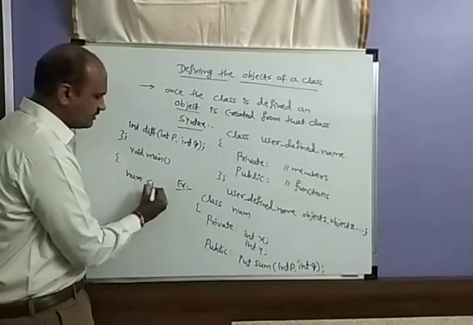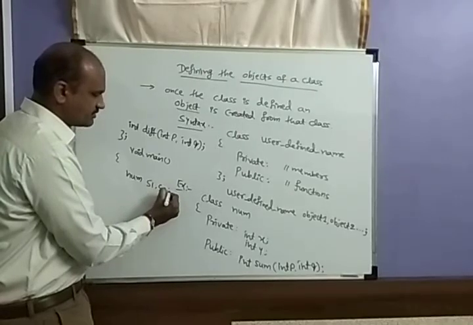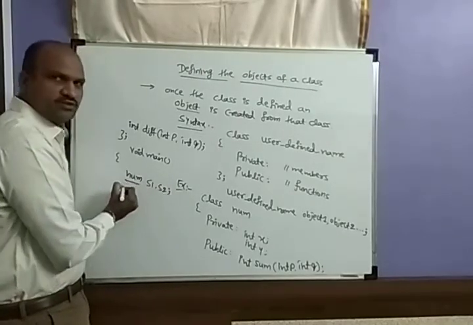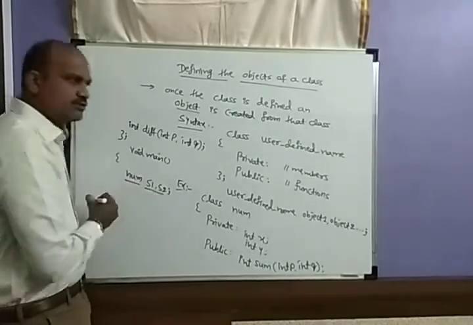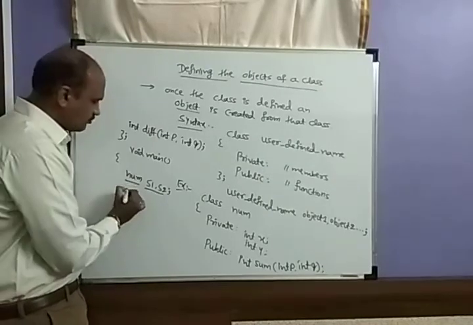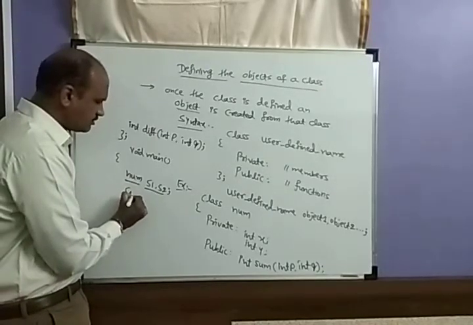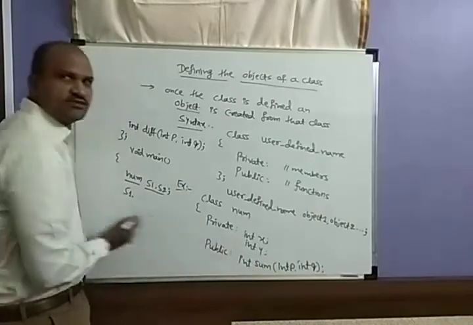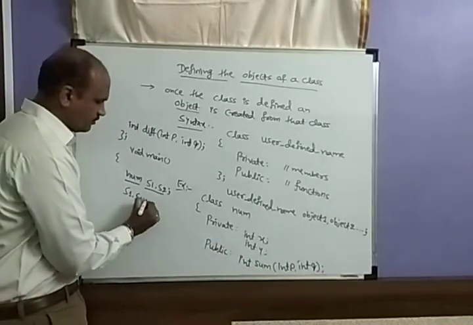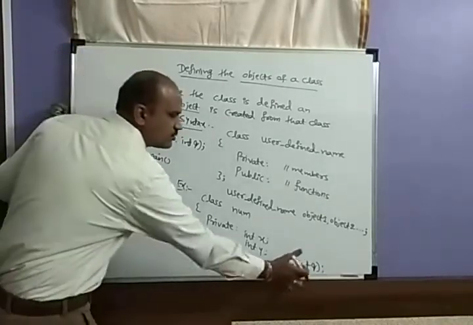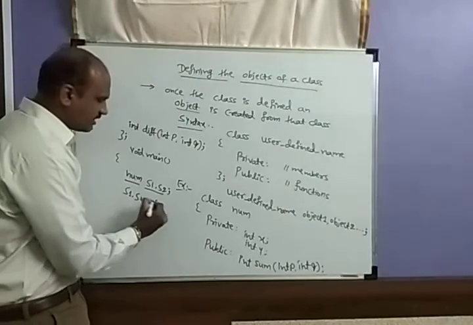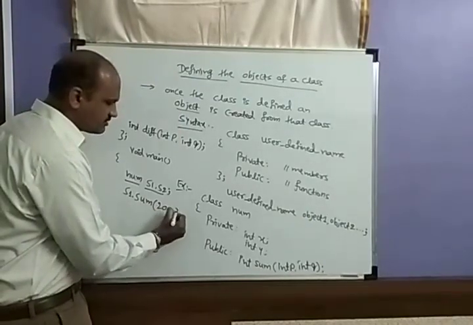So we create s1 and s2, two objects. This is the user defined name, and these two are the objects. S1 dot first one, that is sum. How many arguments are you passing? Two arguments, integer data type, so we pass integer numbers.